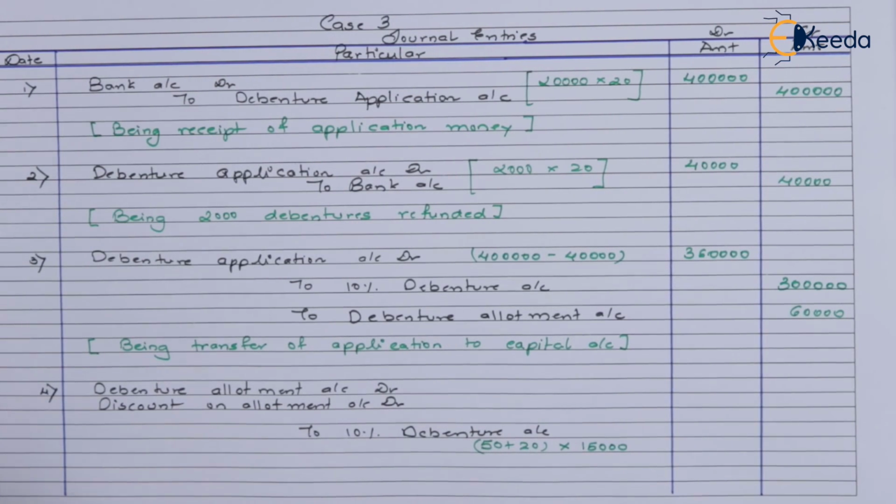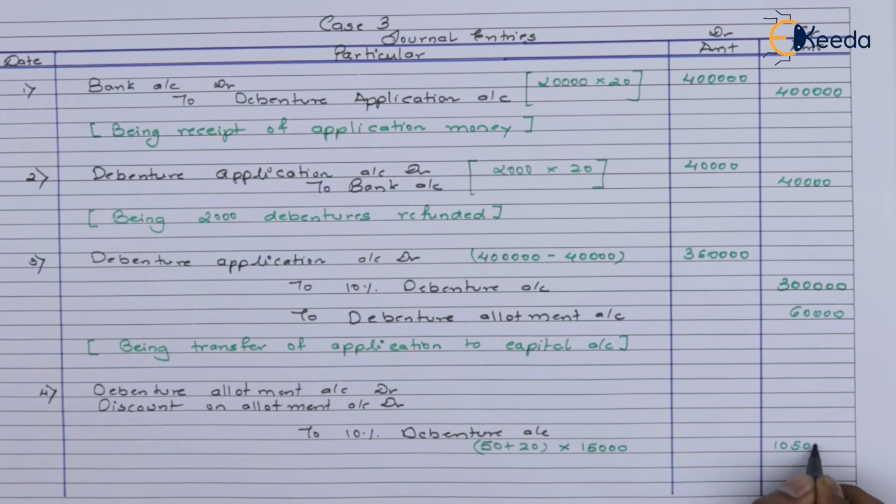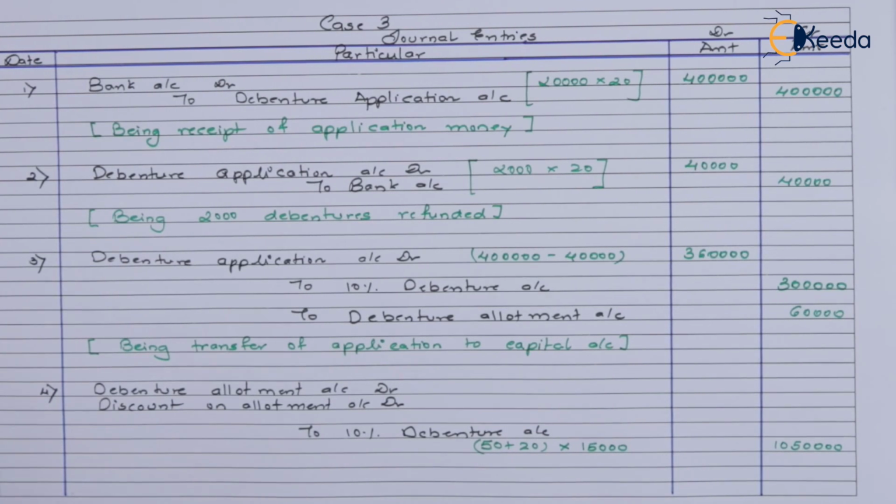So the total allotment has to be done for 15,000 debentures. 15,000 multiplied by 70 will be the 10% debenture account total here. So 10 lakh 50,000 is the amount that we're expecting here. Discount on allotment will be 15,000 multiplied by 20.